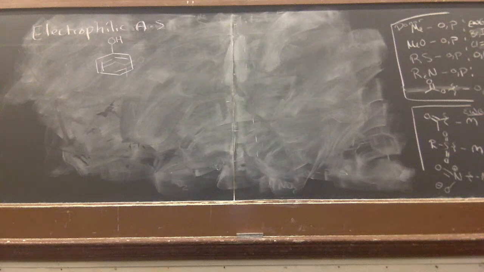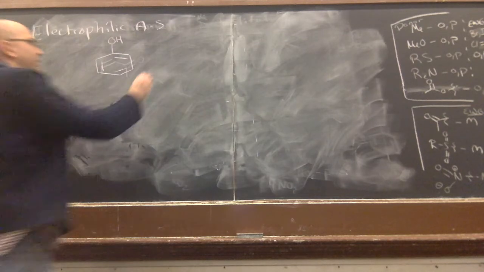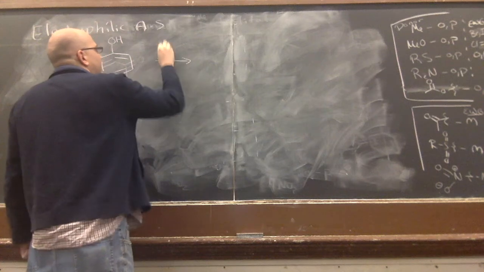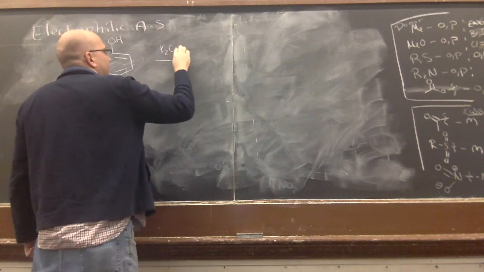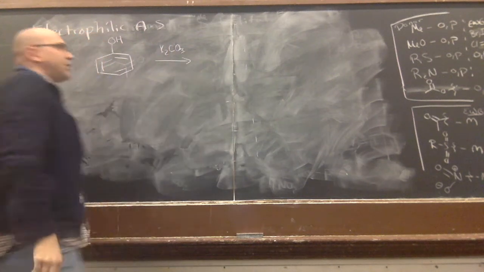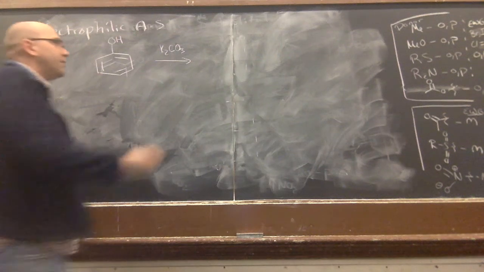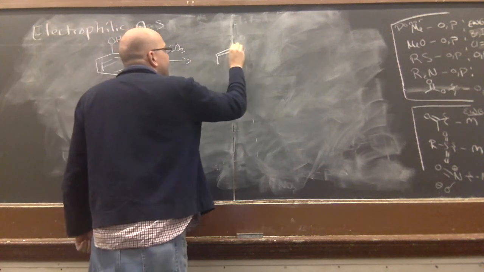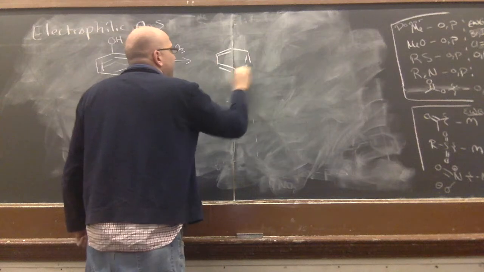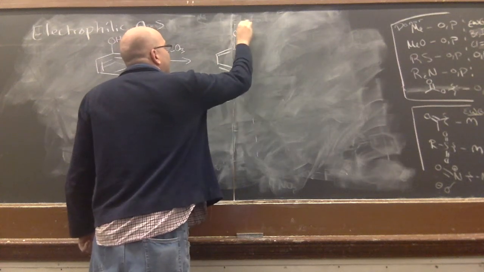And so we talked about phenols last class, and we talked about the relative acidity of these compounds and how they're fairly acidic, and so you can get away with things like potassium carbonate. Things like potassium carbonate will be strong enough to deprotonate that, right.